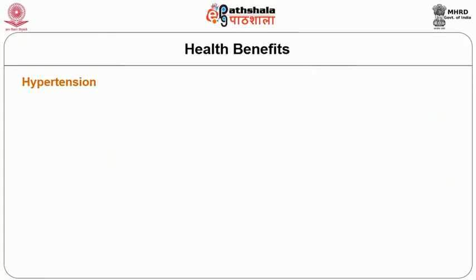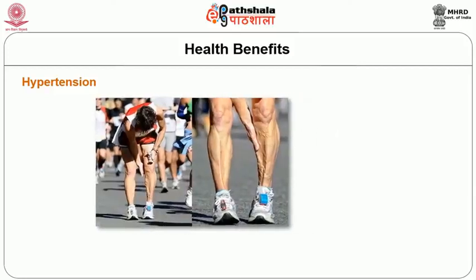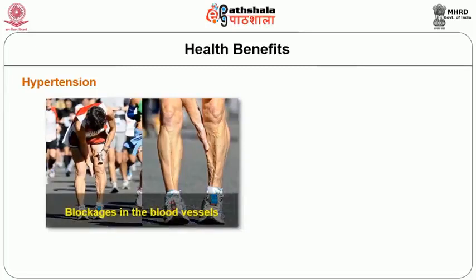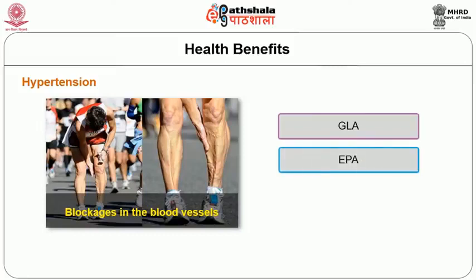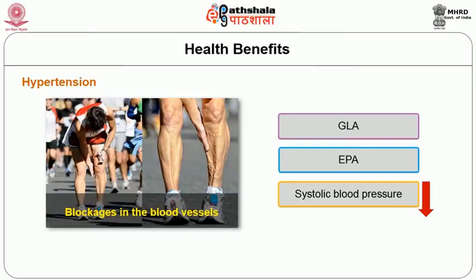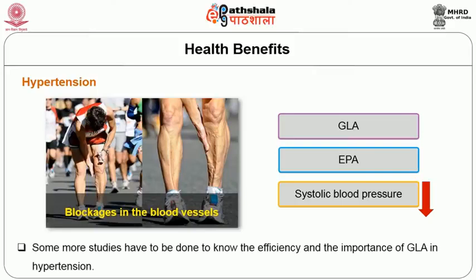With respect to hypertension, a study examined people with sudden cramping pain in the legs while walking, caused by blockages in the blood vessels. Patients who had a combination of GLA and EPA, that is eicosapentaenoic acid, had a decrease in systolic blood pressure compared with the control.